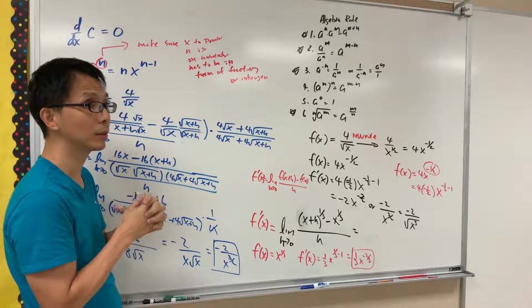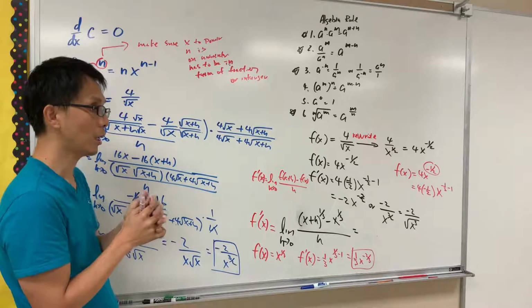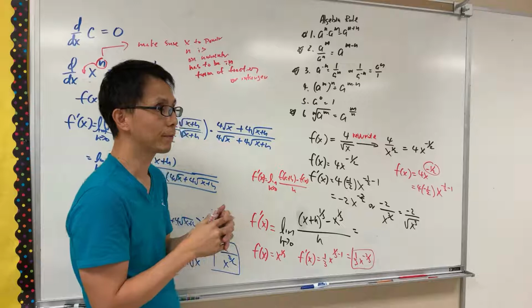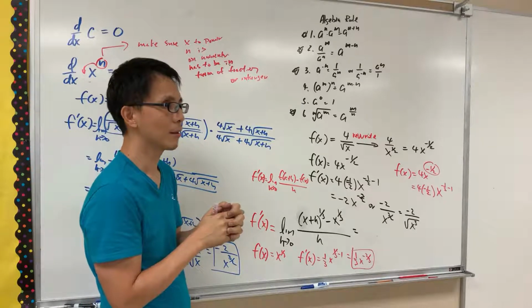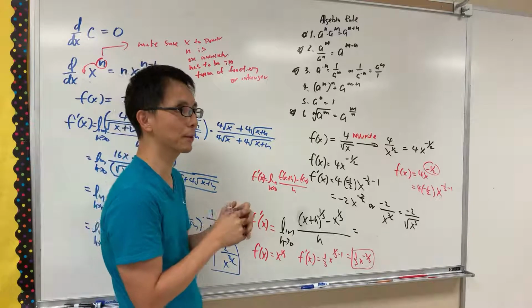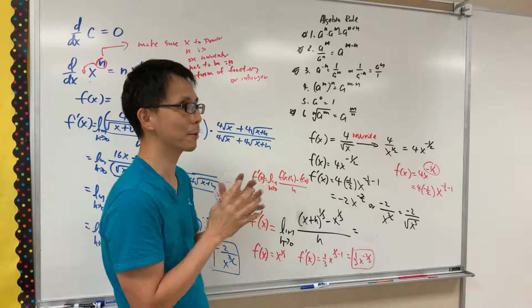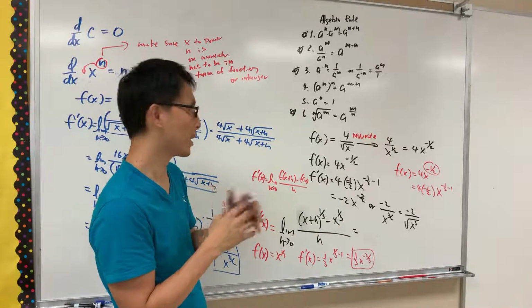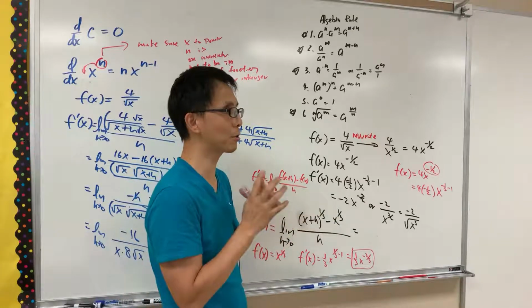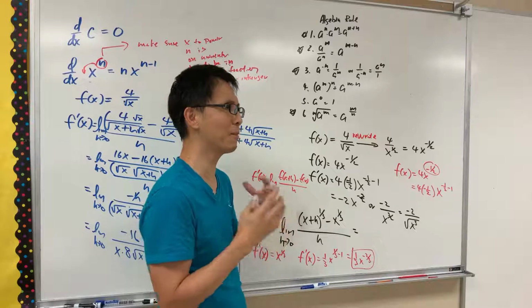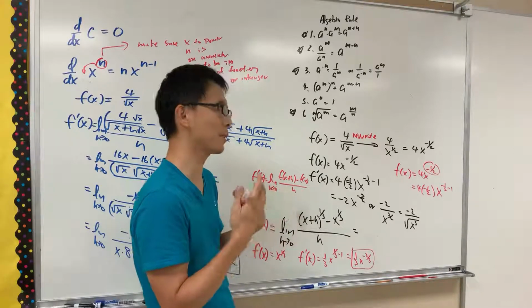So would it not work using the definition of derivative, or would it just take too long? I don't think there's a way to do it. If this is a 1/2 power, it's doable. But if it's a 1/3 power, you can't really do a conjugate.